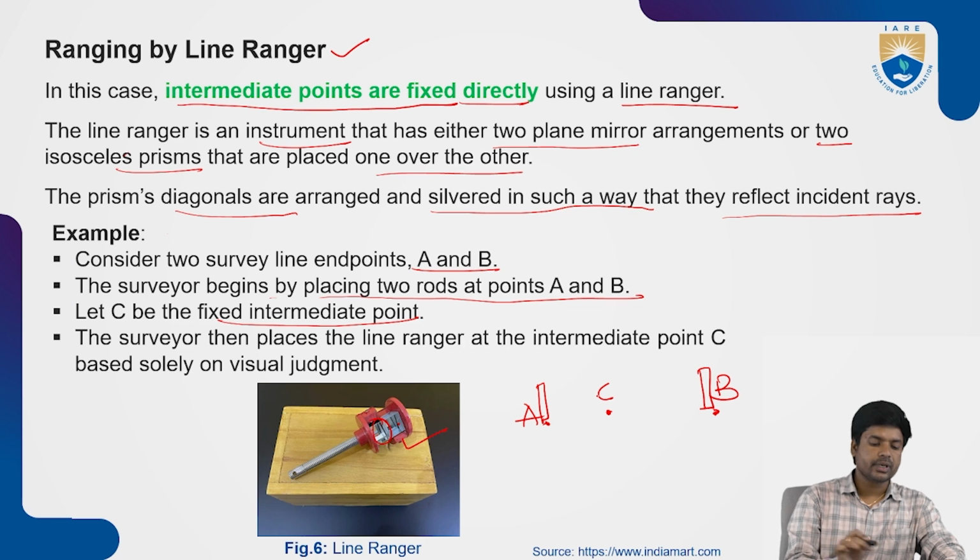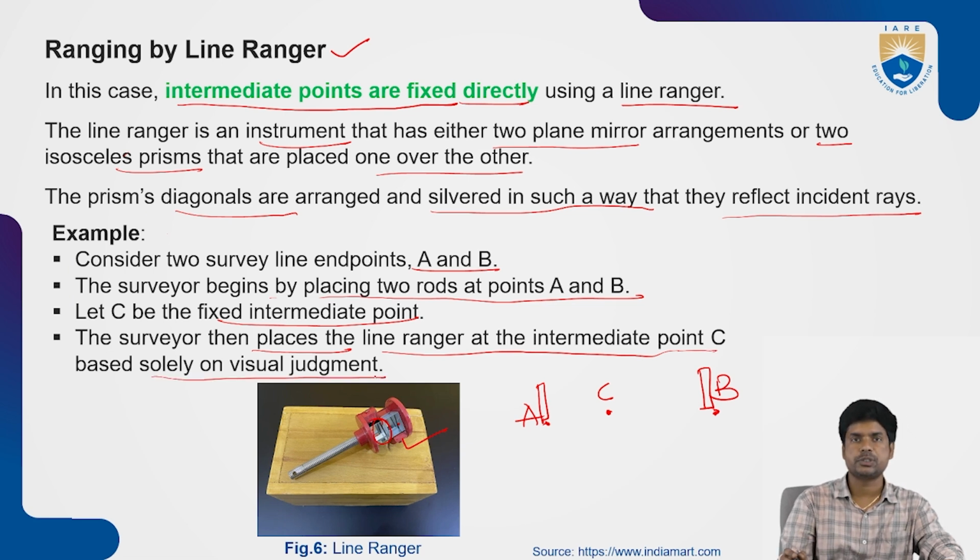Next, the surveyor places the line ranger at the intermediate point C based solely on visual judgment. So now the surveyor is going to hold the line ranger at point C with normal eye adjustment.